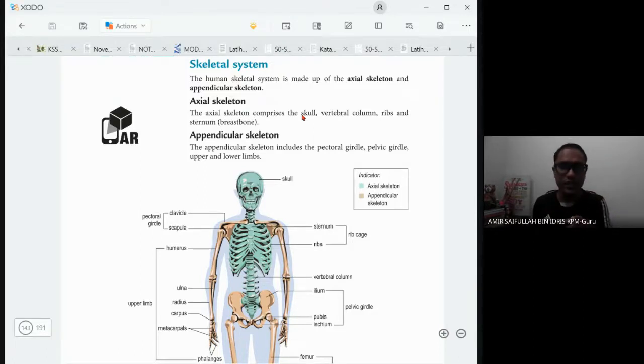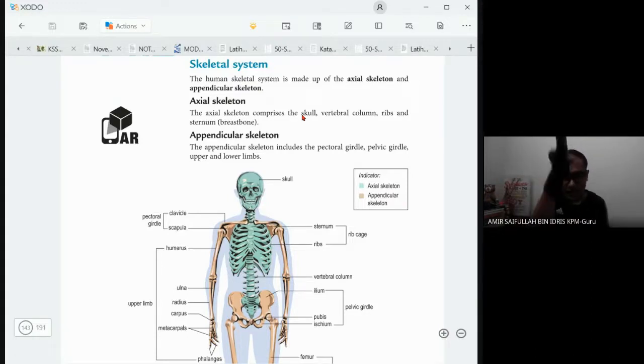You learn this in last chapter. Chapter 12 pun ada. Vertebral column yang ada spinal cord. So your vertebral column, tulang belakang, and then your ribs, all the ribs, and then the sternum, the breastbone. Sternum ni adalah tulang di bahagian tengah-tengah sini, this part. Okay, so skull, vertebral column, rib cage, and also the sternum.